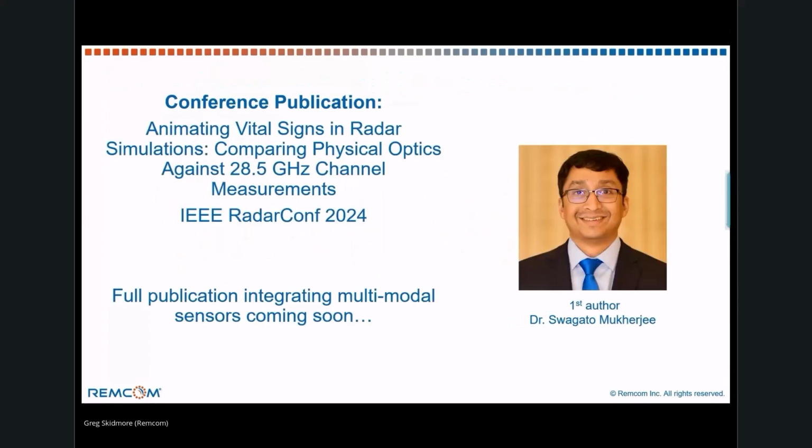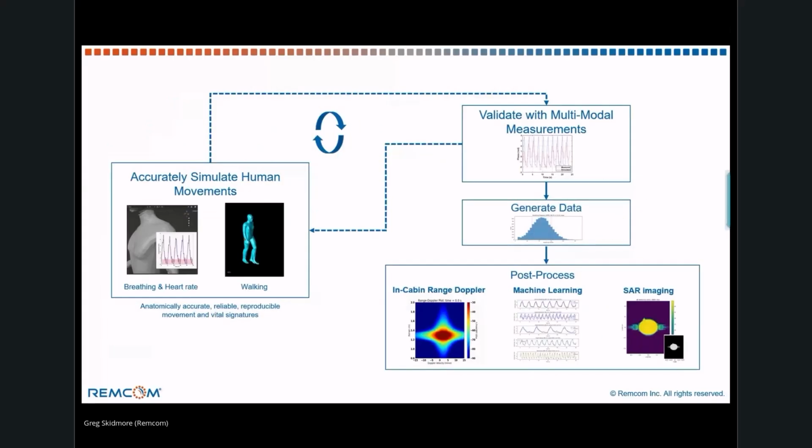So part of this data was published in the IEEE radar conference last year. And then we also have a full publication coming by Sfogato, who's done a lot of this work where he's integrating these multimodal sensors. And so he'd be the one to talk to about using others' data to bring that into the simulation. You can go to the next slide.